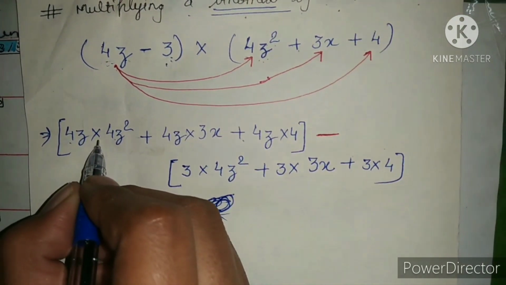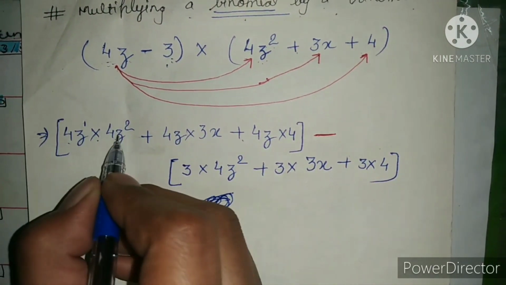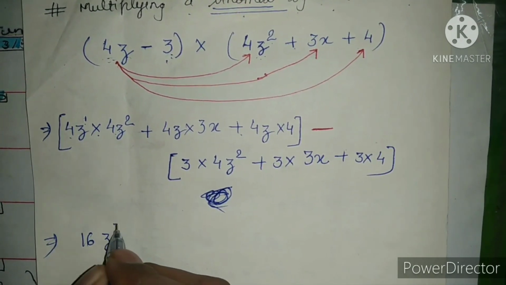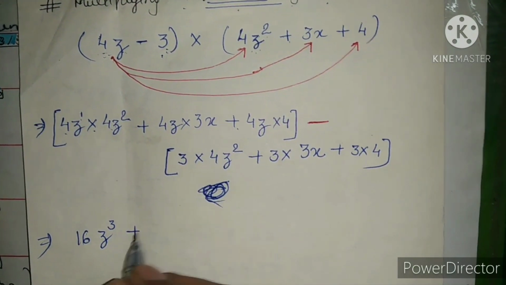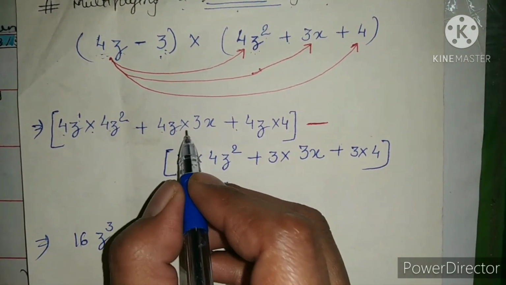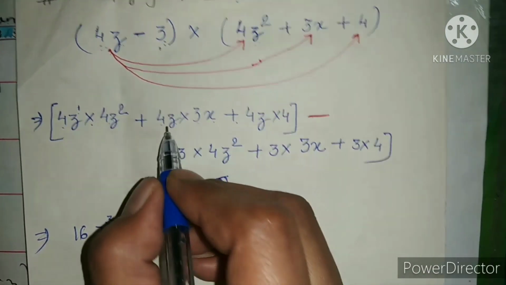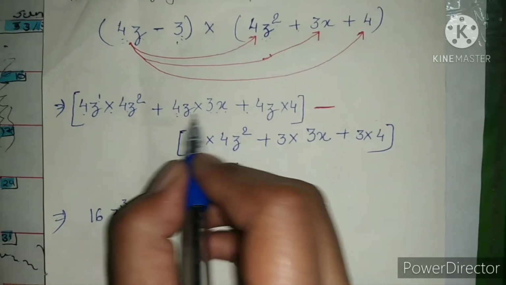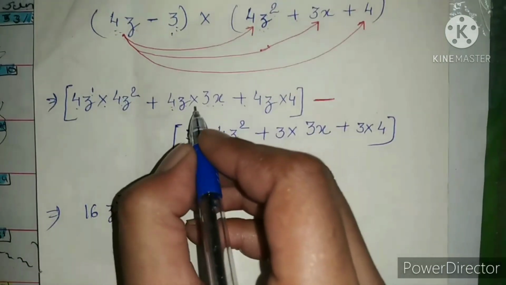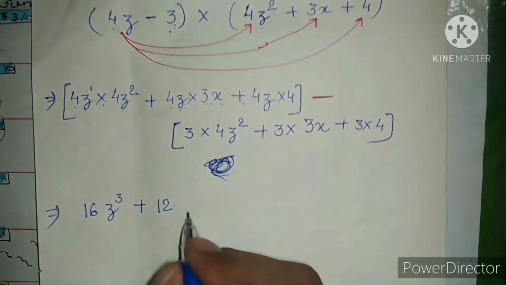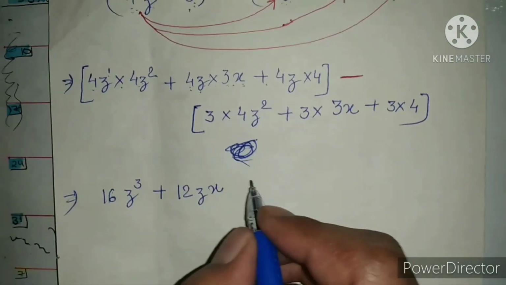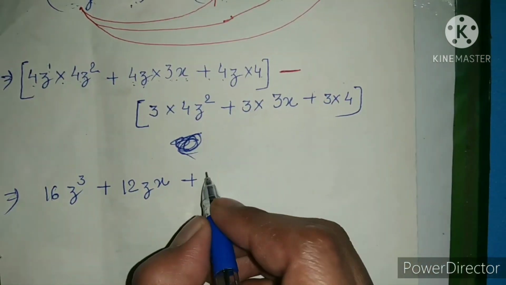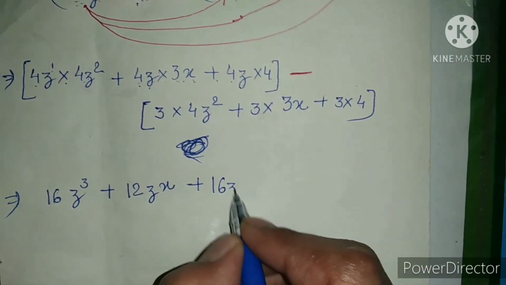Here multiplication symbol, so z is to power 1, z is to power 2. 1 plus 2 is 3, so z is to power 3, plus 4z multiplying by 3x. So we have to just multiply the numerical coefficients to each other. 4 3s are 12 and zx as it is, plus 4 4s are 16z.